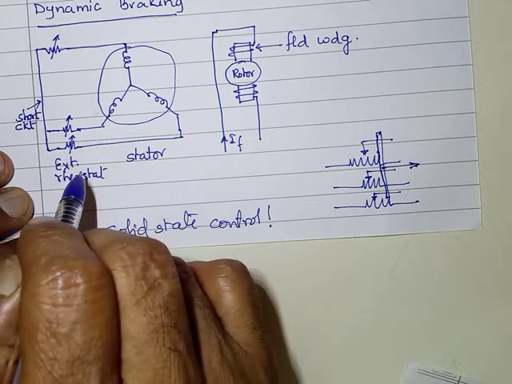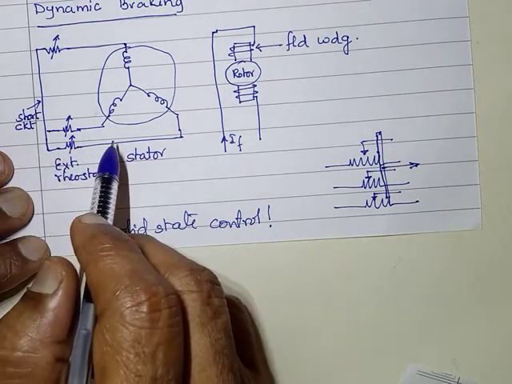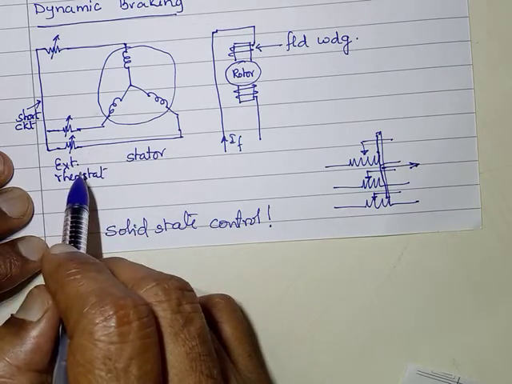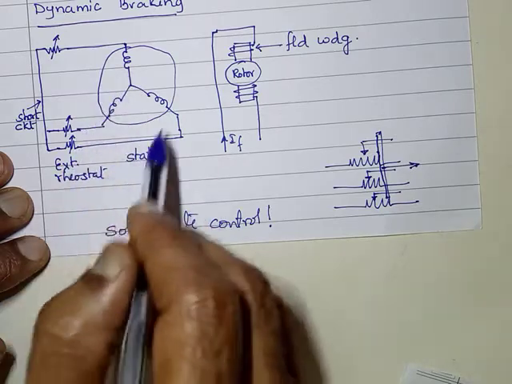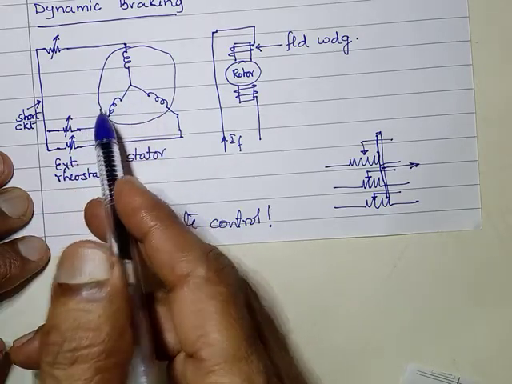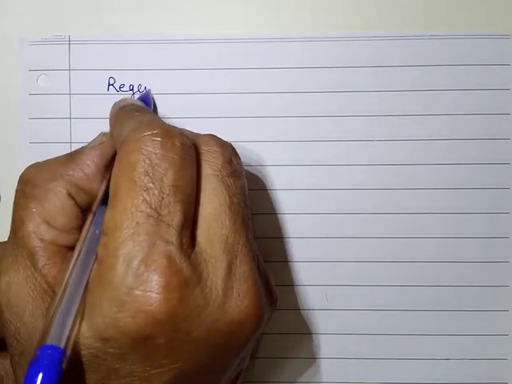If the motor rating is too big, maybe we will not be able to provide the corresponding rheostats at all. In such cases, we will have to go for, what is that? Instead of wasting the energy here, you feed it back to the supply. That is where we have regenerative braking.